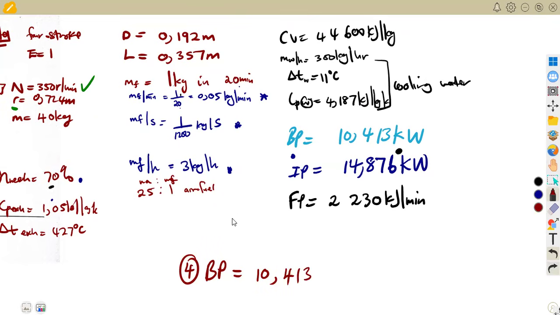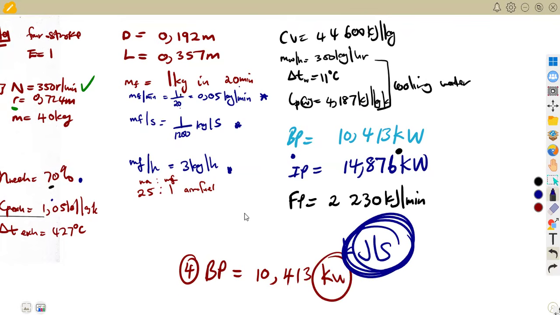But what does the kilowatt mean? I talked about this. The kilowatt means kilojoule per second. Remember from our Engineering Science N3, kilojoule per second, we talked about these units. So how do we convert to kilojoule per minute as they want? We simply have to multiply by 60.